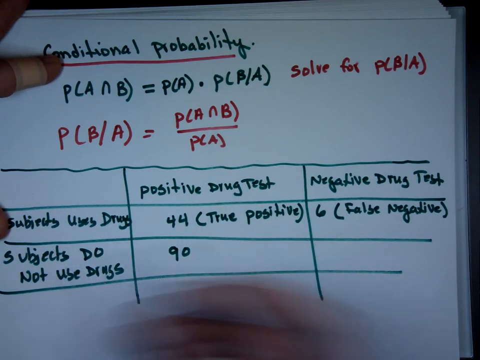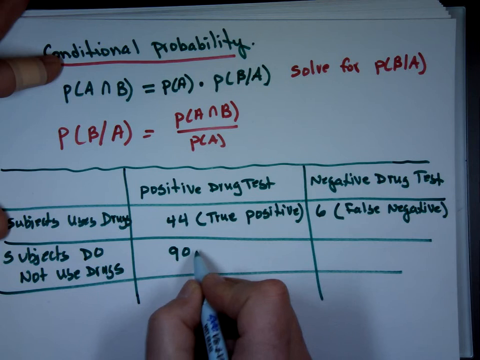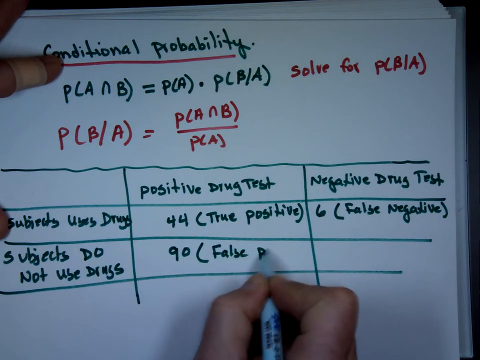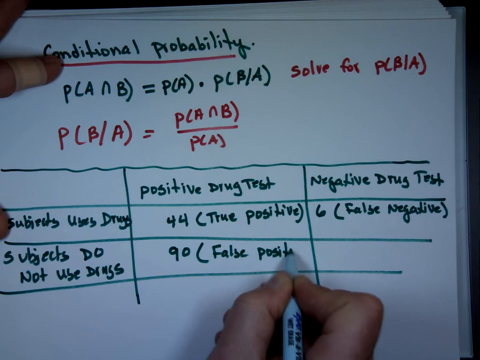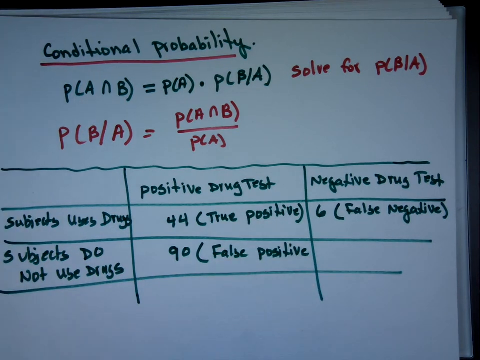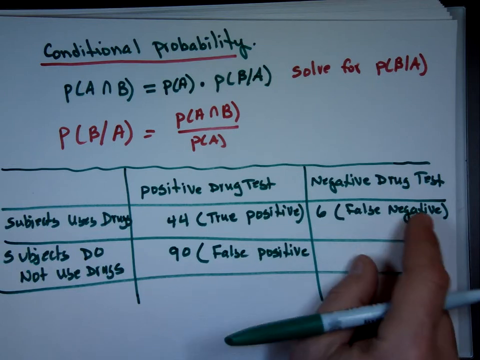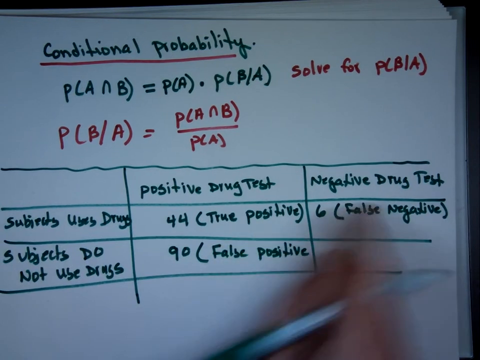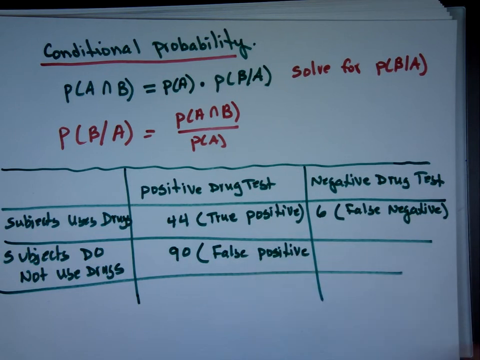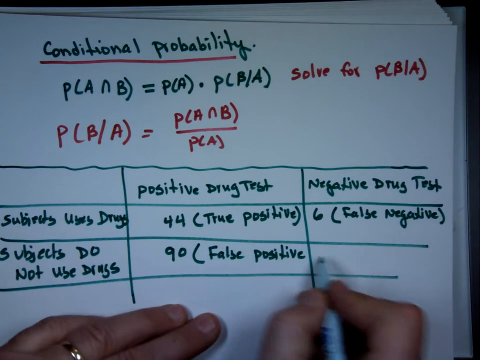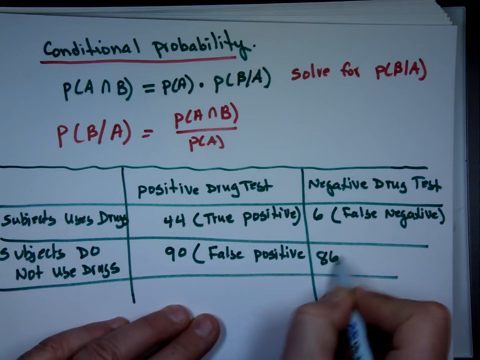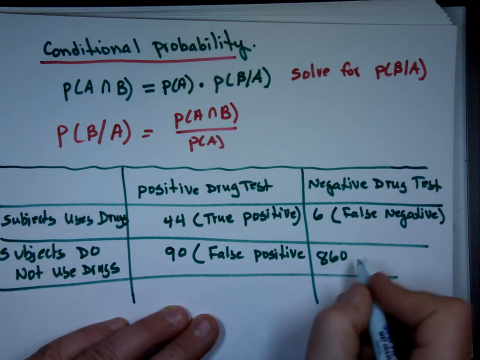That's a false positive. It came out positive, but we know it's wrong. The other one came out negative, we know it's wrong, that's why it's a false negative. This is a false positive test result. Now 860 people do not use drugs, and the test says, yep, you're right, you don't use them. That's a true negative.